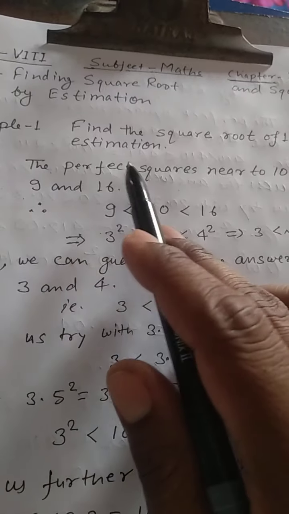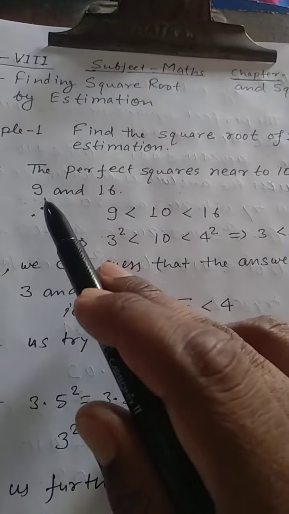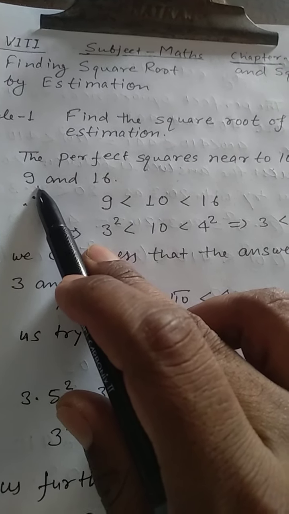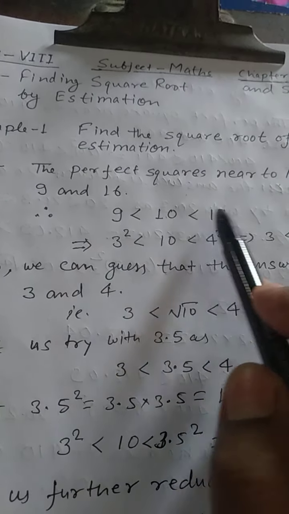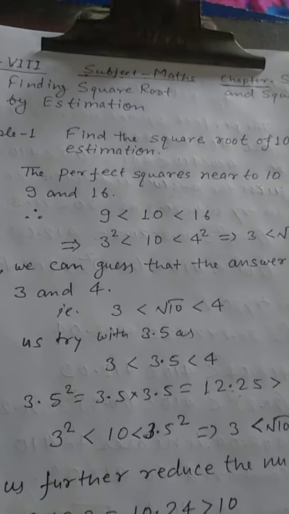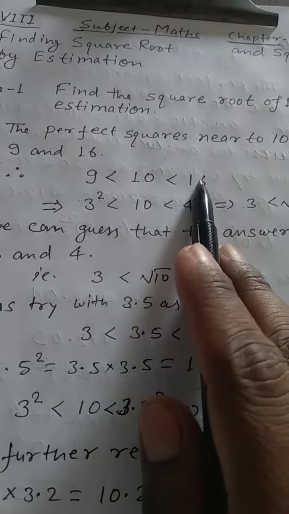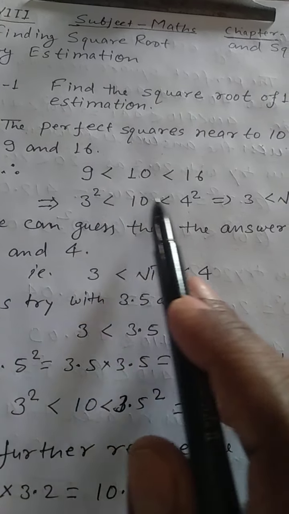The perfect squares near 10 are 9 and 16. It means 9 is the perfect square which is less than 10, and 16 is the perfect square which is just greater than 10. So you can write 9 as 3 square and 16 as 4 square, and the number 10 is in between 3 square and 4 square.